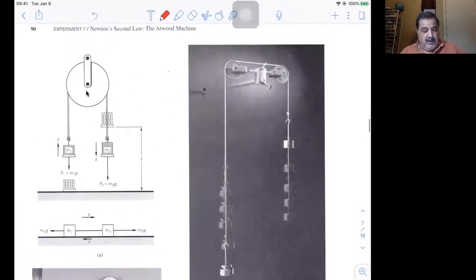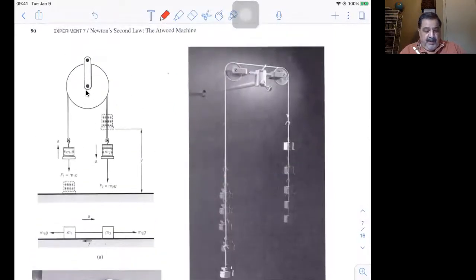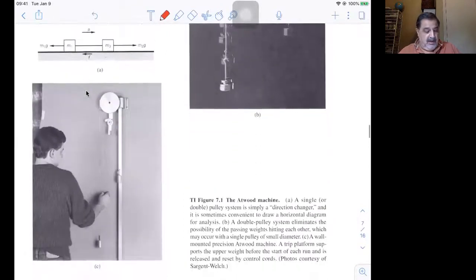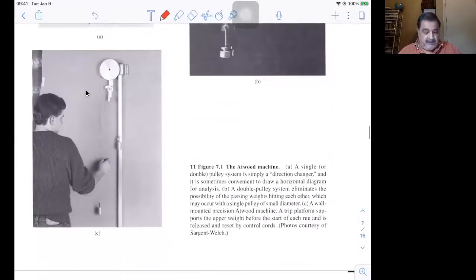But basically, you have a descending mass, a mass that's going down, and you have a mass that's going up. And we're going to use the acceleration of those two masses to calculate the acceleration.